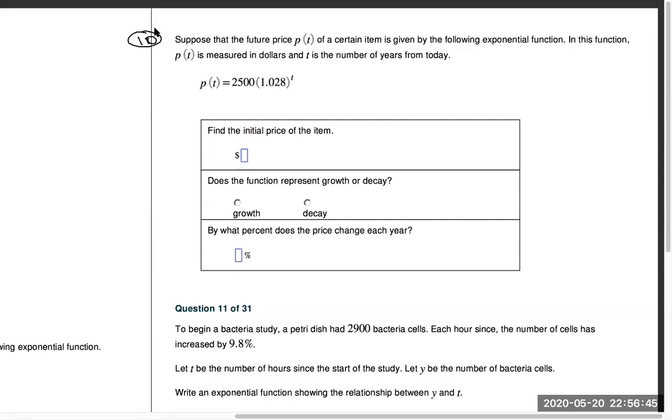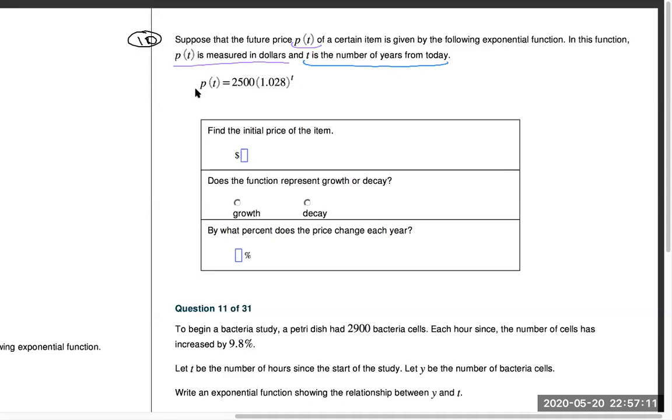Okay, suppose that the future price P of T of a certain item is given by the following exponential function. In this function, P of T is measured in dollars, and T is the number of years from today. It's color-coded a little bit again.